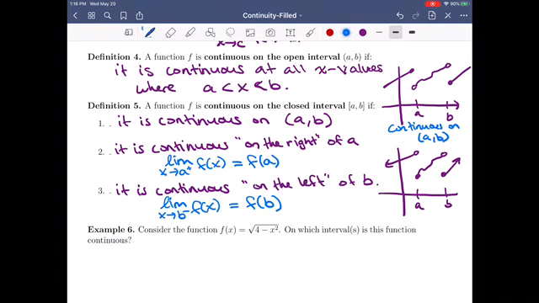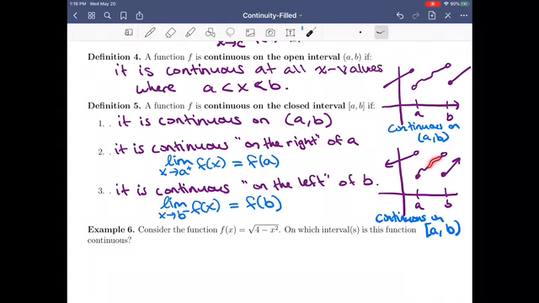This one is continuous on the interval, including a, but not including b. So why can I include a but not b? As I approach a on the left, notice that I'm approaching f of a. So that's where the point is. So it doesn't matter that the limit on the left is going to this point. The point is here and I'm approaching on this side.